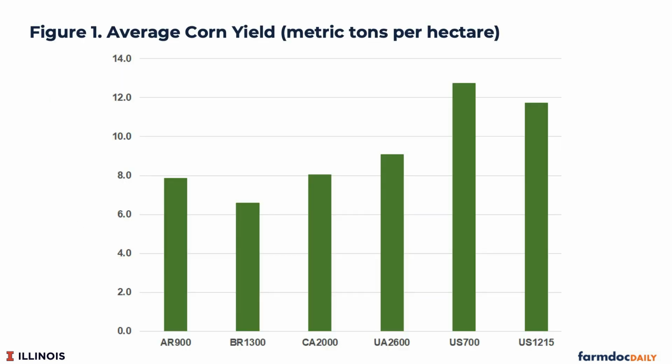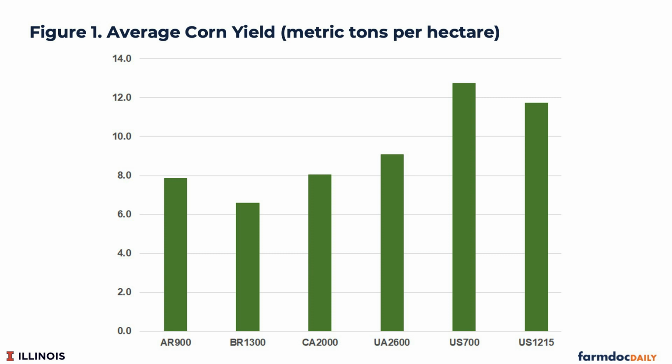Corn yields. Although yield is only a partial gauge of performance, it reflects the available production technology across farms. Average corn yield for the farms in 2018 to 2022 was 9.34 metric tons per hectare, 148.8 bushels per acre.